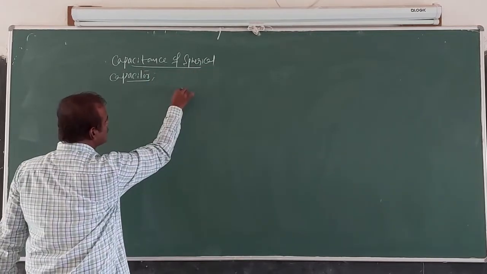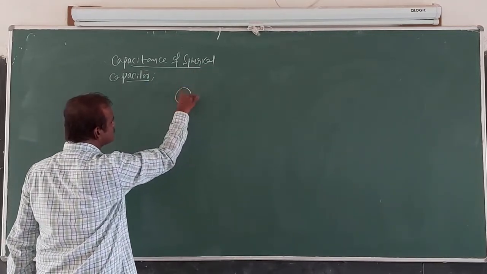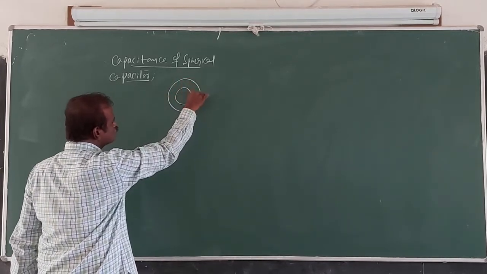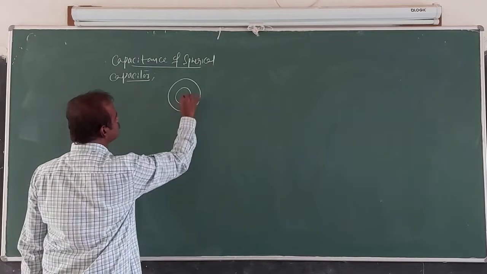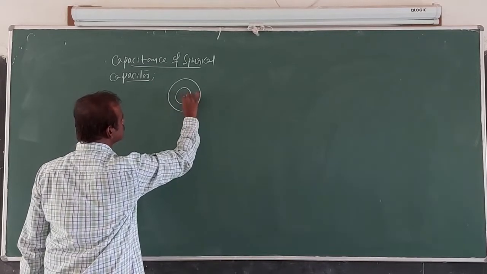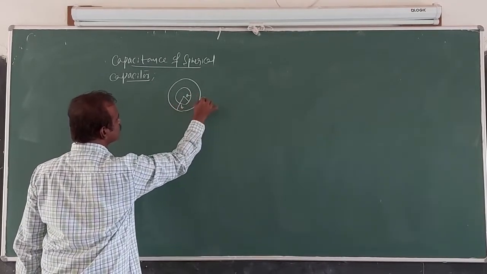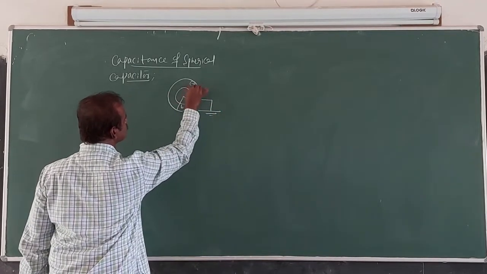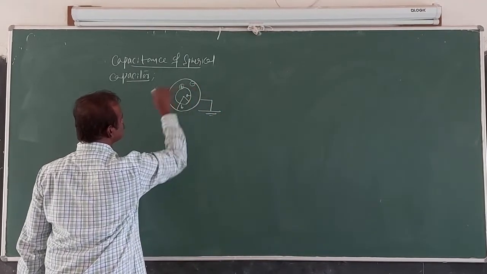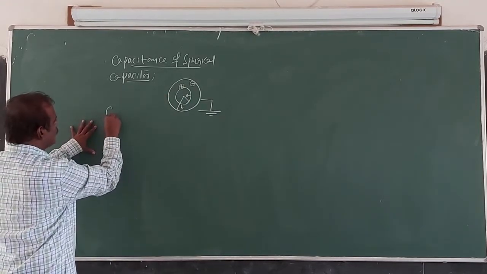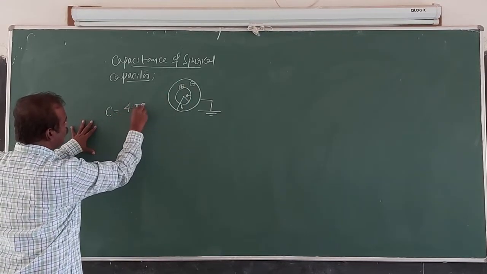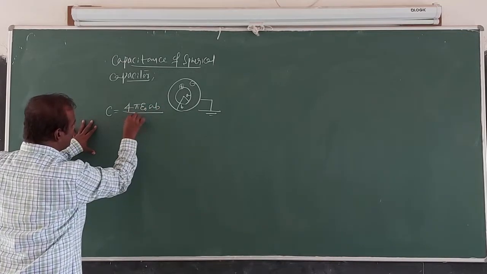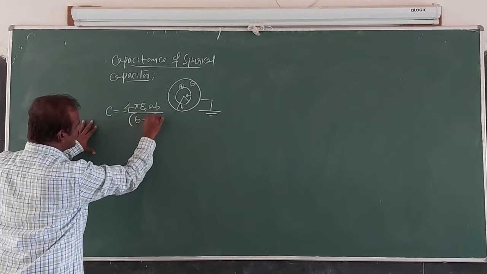If you remember the spherical capacitor, we arrived at the formula 4 pi E naught AB divided by B minus A.